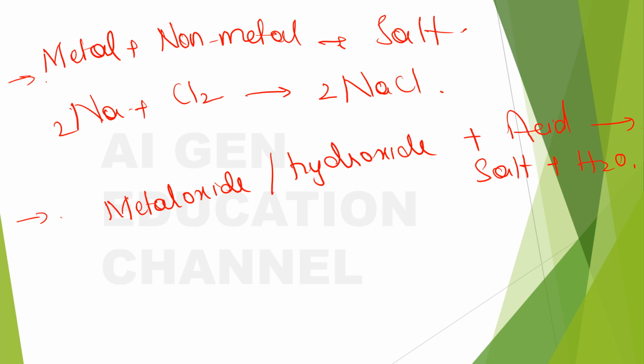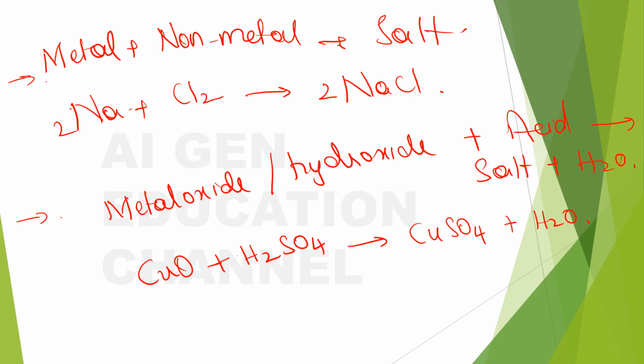So what will be the example here? We will consider copper oxide. Copper oxide when it reacts with sulfuric acid, what you get is CuSO4, copper sulfate, plus water. So even with this you can get a salt, right. So here also we got a salt, here also we got a salt.